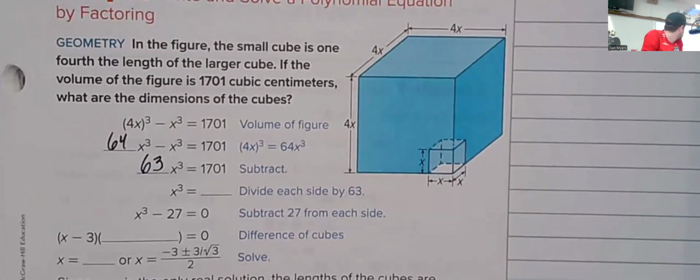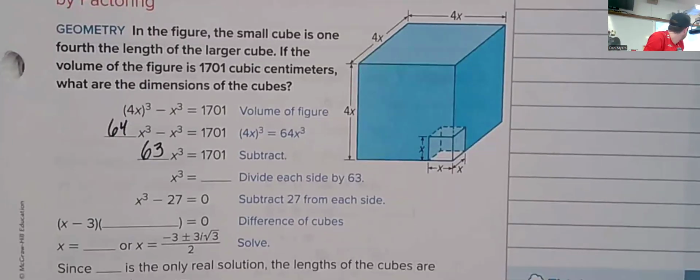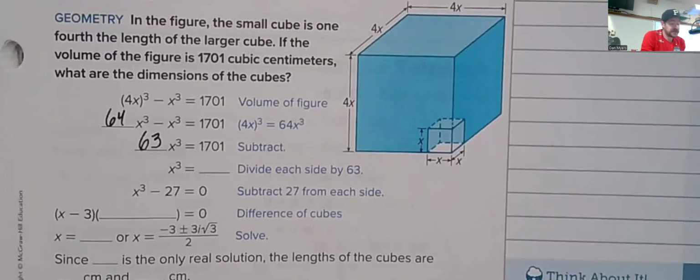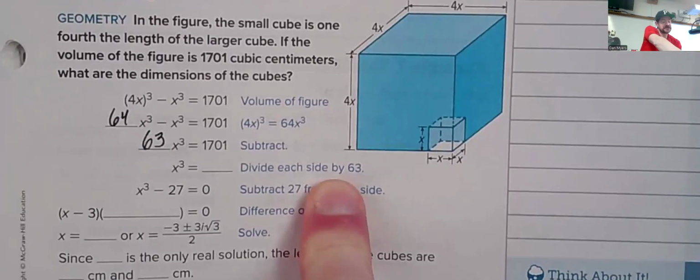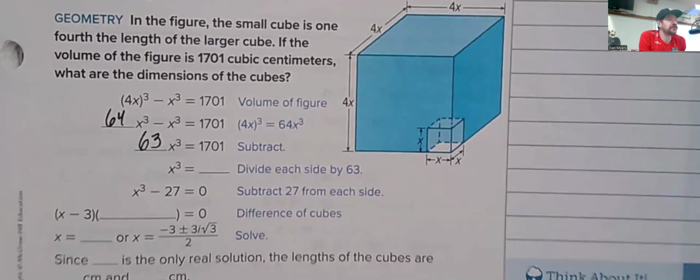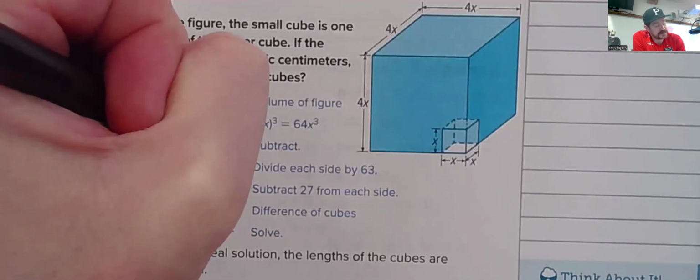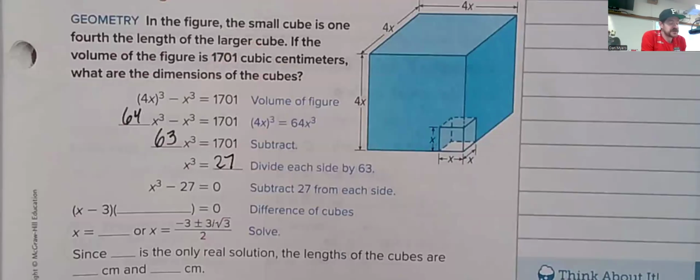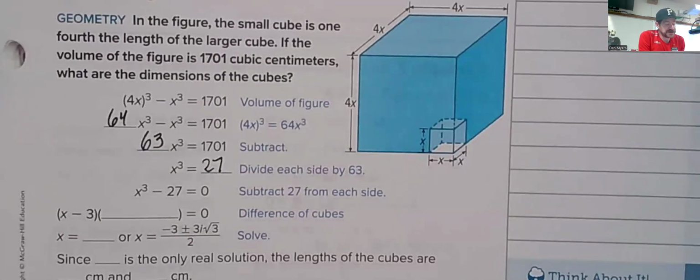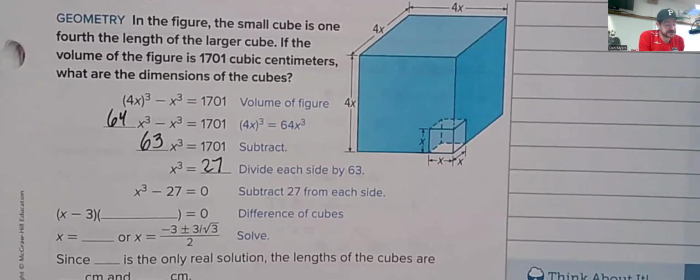And so if we want to isolate our variable here, we would just do what? Exactly. It says it right there. Divide each side by 63. What is 1,701 divided by 63? 27. So x cubed equals 27.